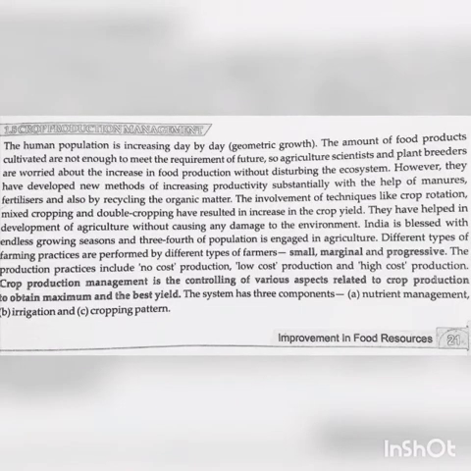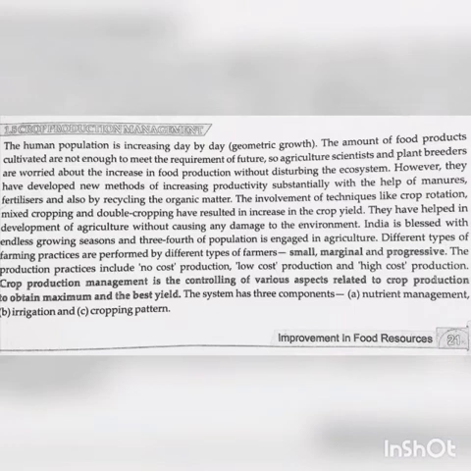Next, crop production management. The human population is increasing day by day. The amount of food products cultivated is not enough to meet the requirement of the future. So agriculture scientists and plant breeders are worried about increasing food production without disturbing the ecosystem.